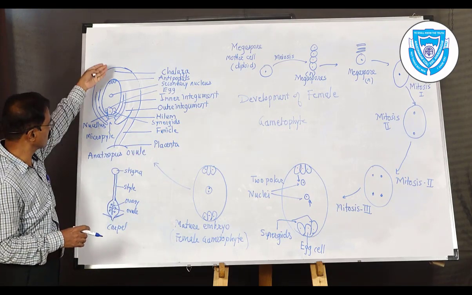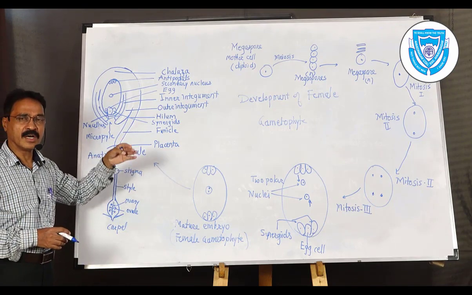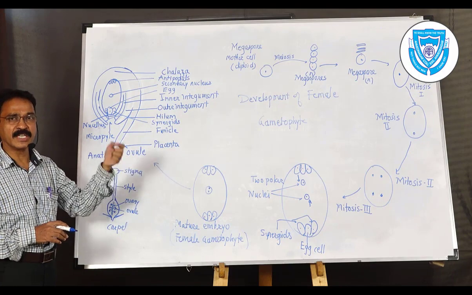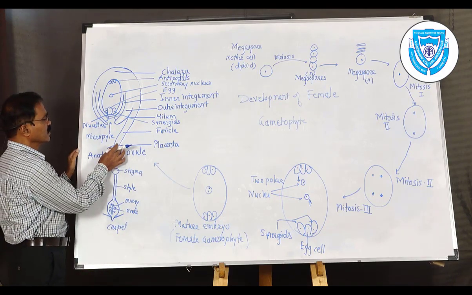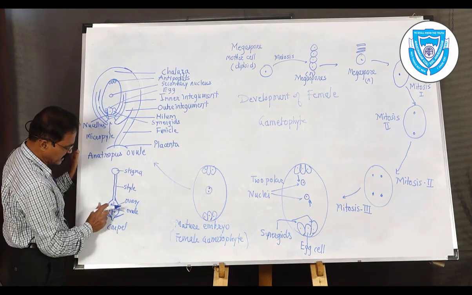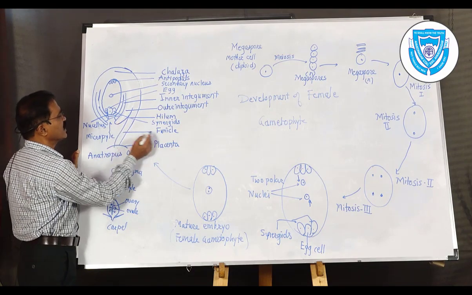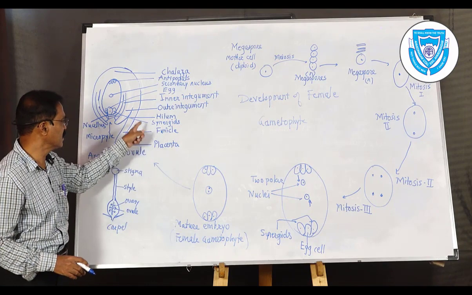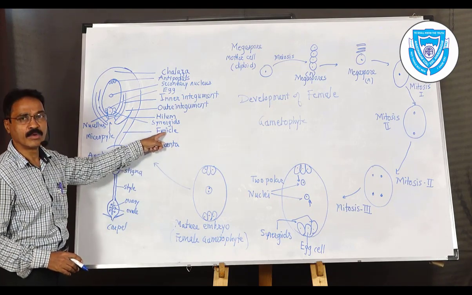Okay. So we will discuss all the different parts and their functions in brief. First of all, the part of the ovule where it attaches to the placenta is called the funicle. It may be called a funiculus, but it is the stalk of the ovule.